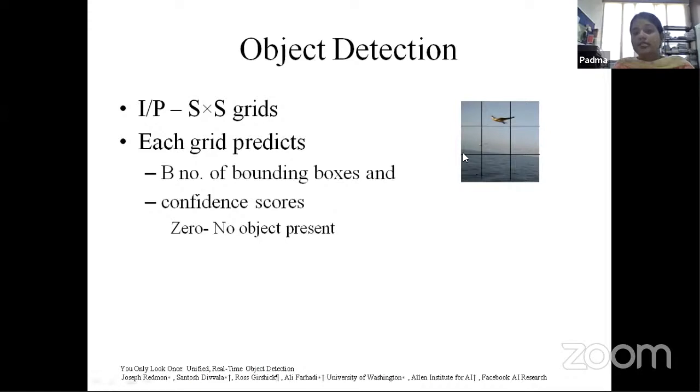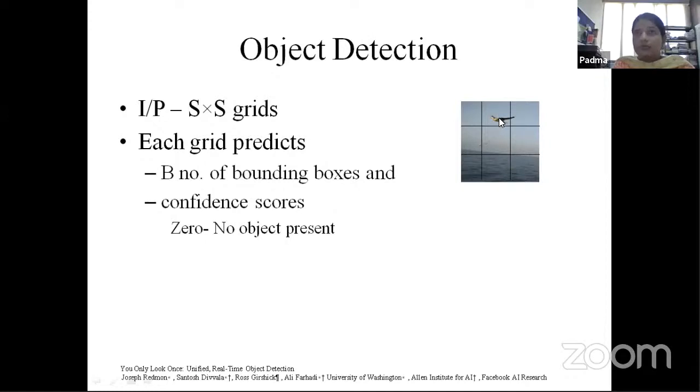Now, the confidence score of the first grid. Suppose it has generated 2 bounding boxes. The confidence score with respect to those 2 bounding boxes would be 0, because no object exists in this particular grid, right? Suppose the second grid also produced 2 bounding boxes.